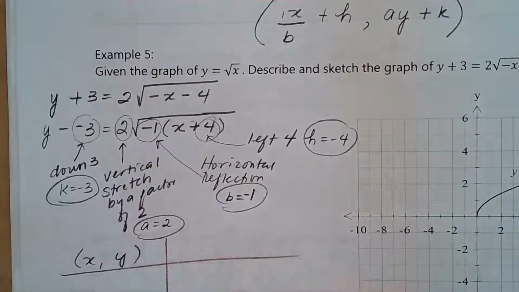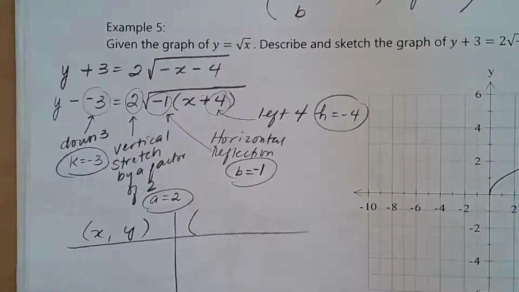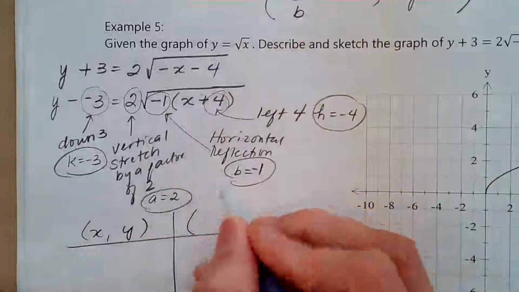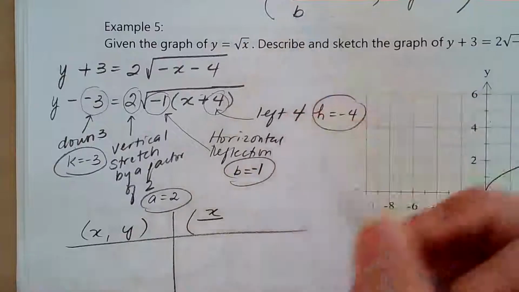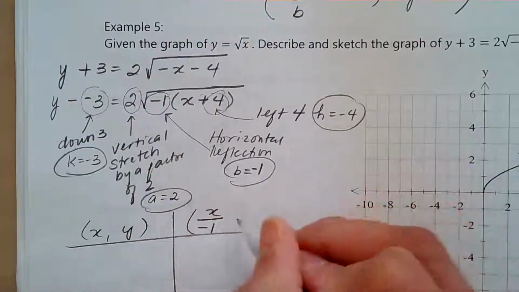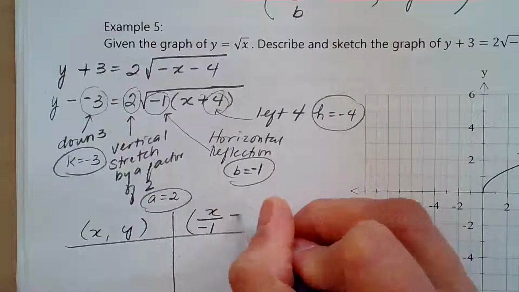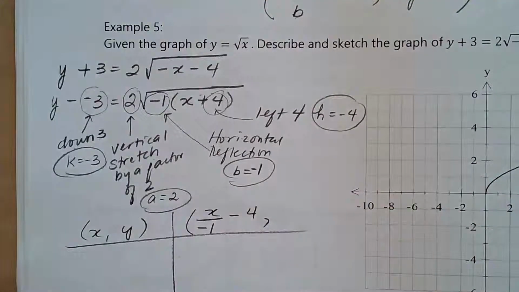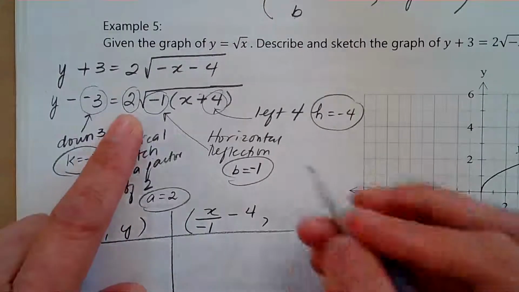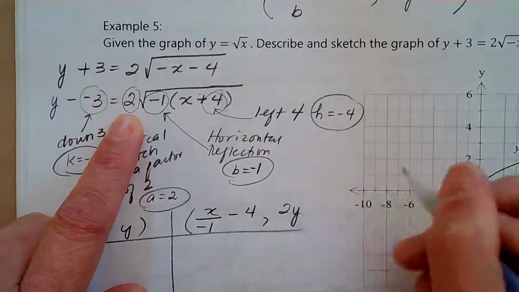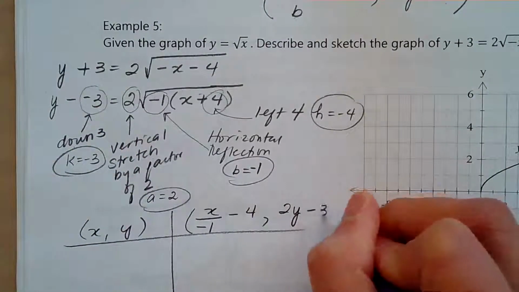Starting with xy key points, what's the transformation here? x divided by b, which is negative 1, plus h, which is negative 4, comma, a is 2 times y plus k is negative 3.